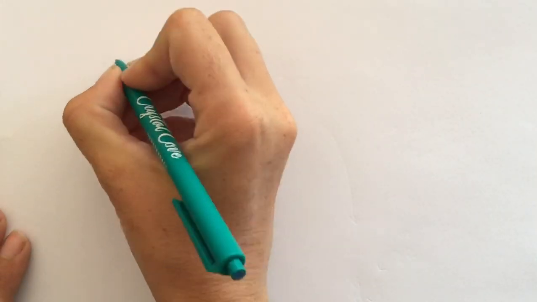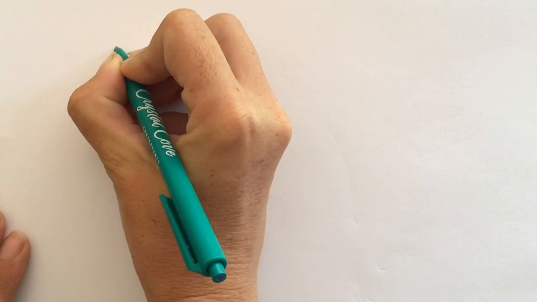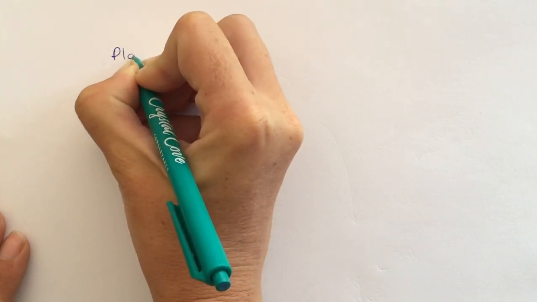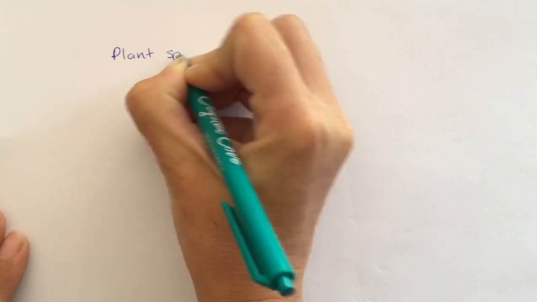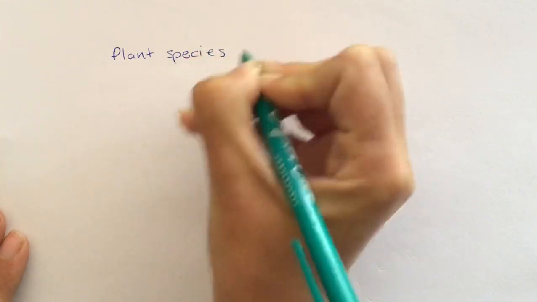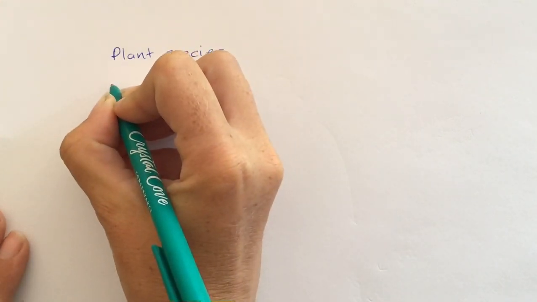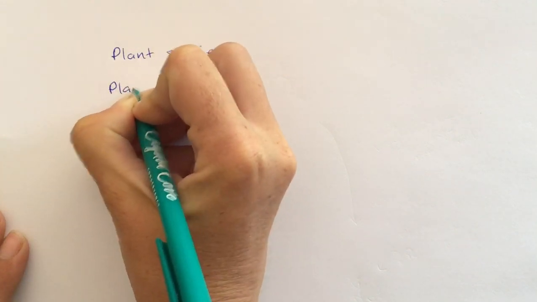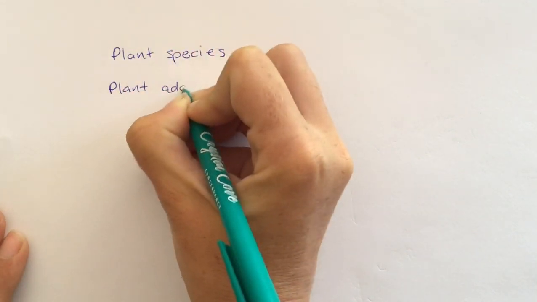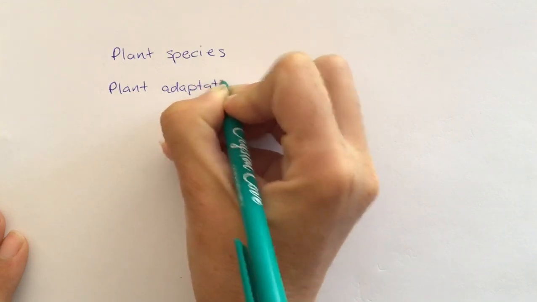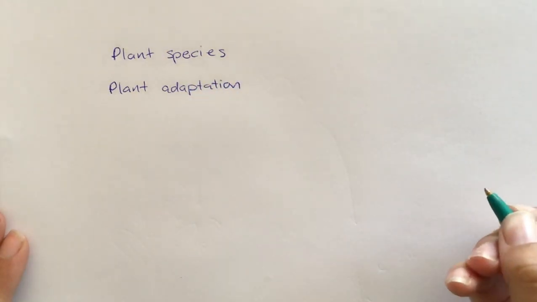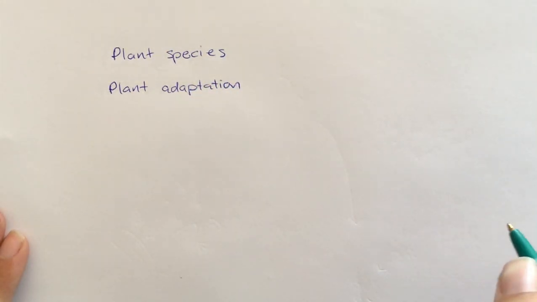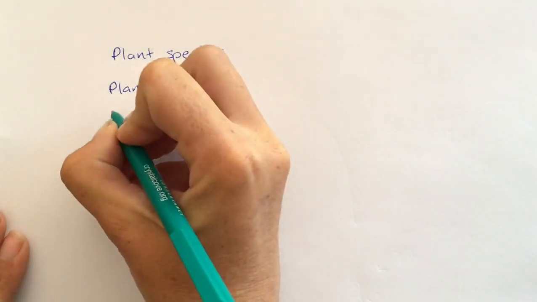So the first thing is we want to write down which plant species we are counting our caterpillars on. The next piece of data we need to record is the plant adaptation of that species. Then we want to count up the total number of caterpillars placed on that species.